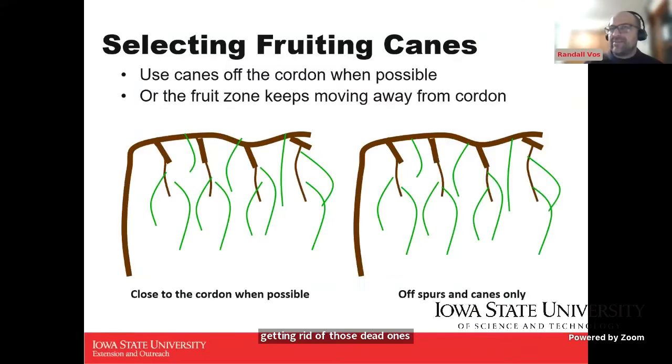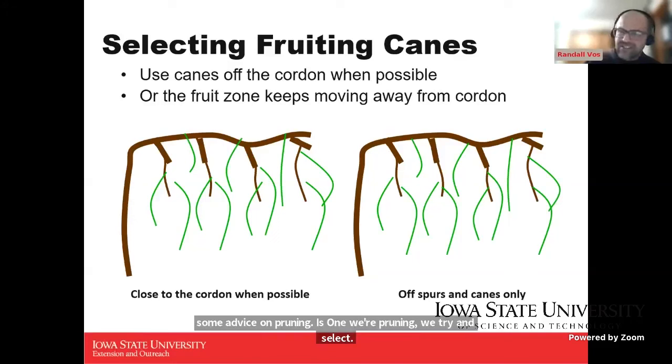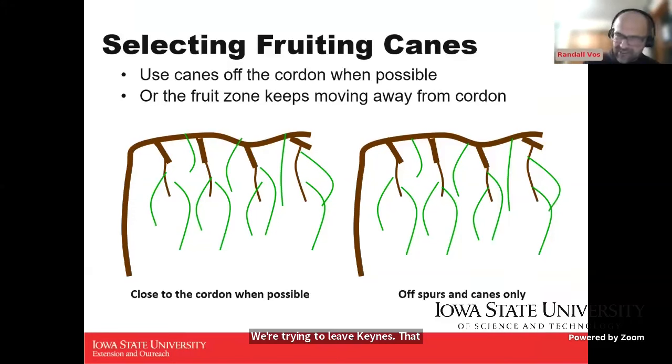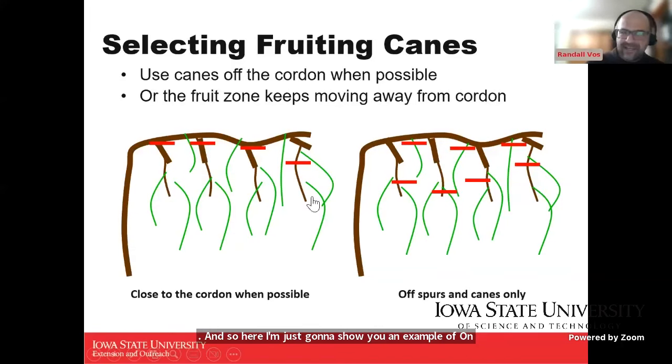So some advice on pruning is, when we're pruning, we try and leave canes that originate close to the cordon. Now, in this cartoon, I just left the canes as green so we could see them better. And so here I'm just going to show you an example. On the left-hand side, I'm intentionally removing stuff that has a lot of tissues that are extending away from the vine.